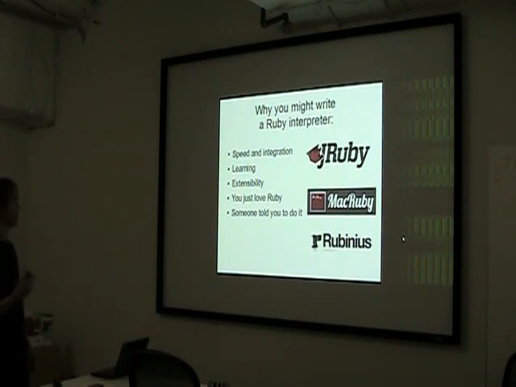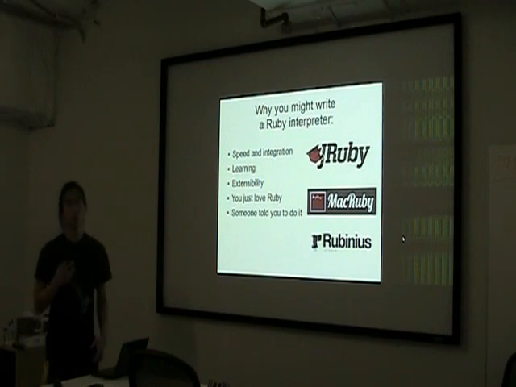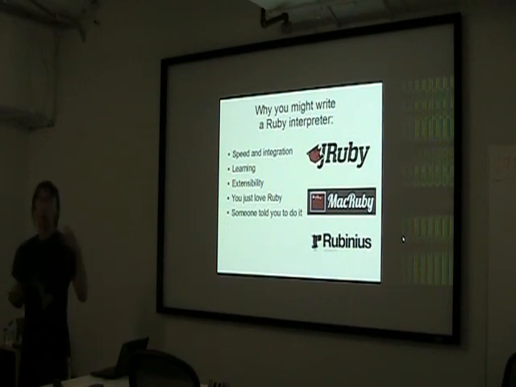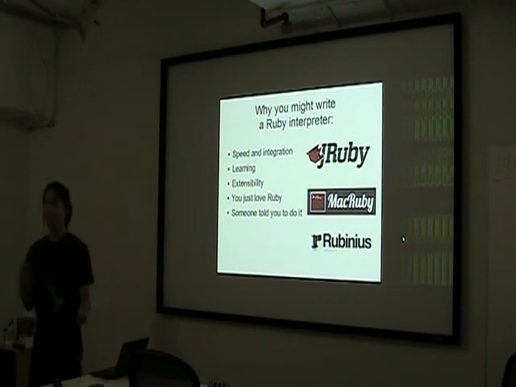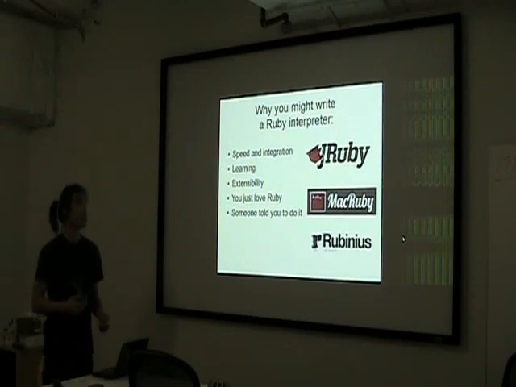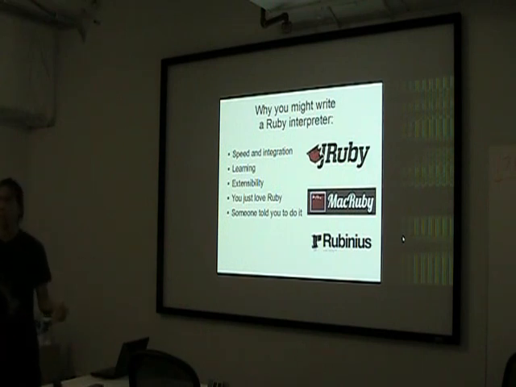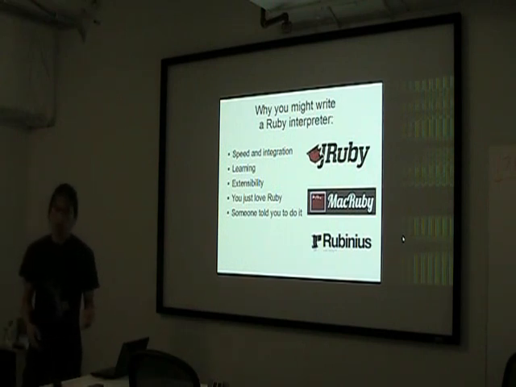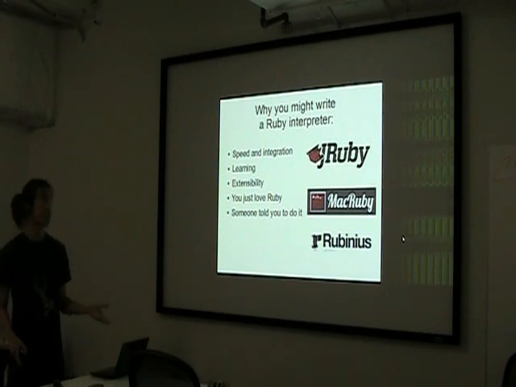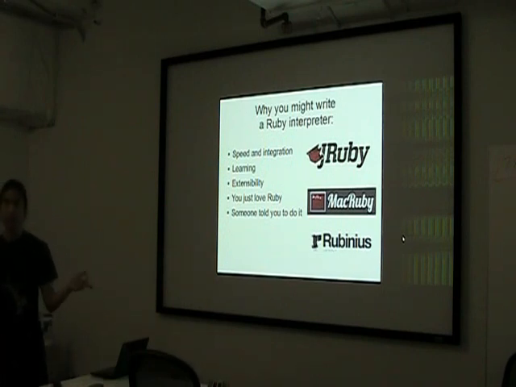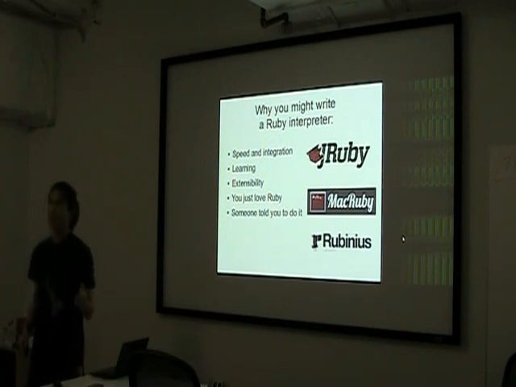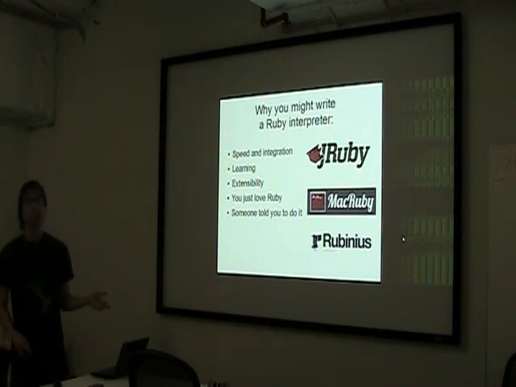So now we can kind of get to why you would want to write a Ruby implementation in a different language. The most useful reason is to have speed and integration with a native language like Java. What I mean by this is that there are plenty of libraries in other languages that add functionality, just like a gem.